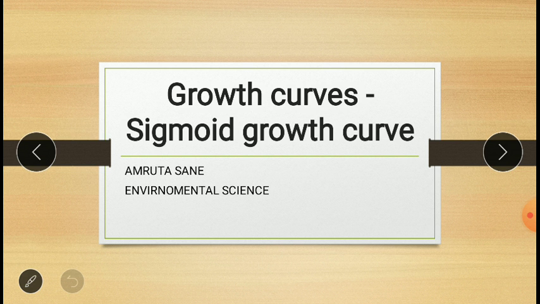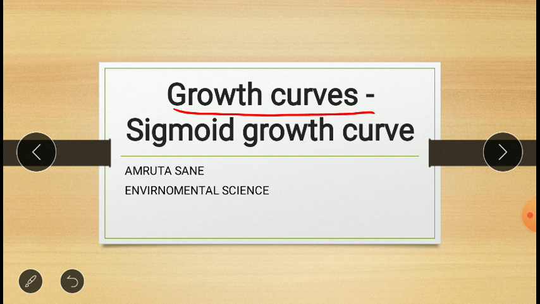Today we are going to move forward in the population and study the growth curves. Just now we saw that growth can be positive or negative, which means the population size can increase or decrease. This increase or decrease in the population can be plotted in the form of a graph.